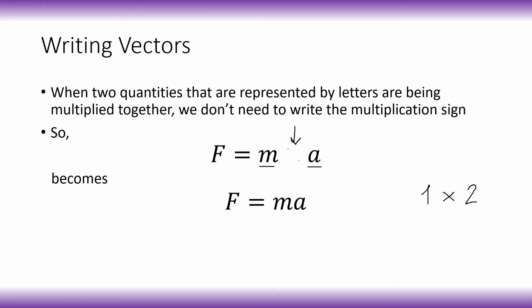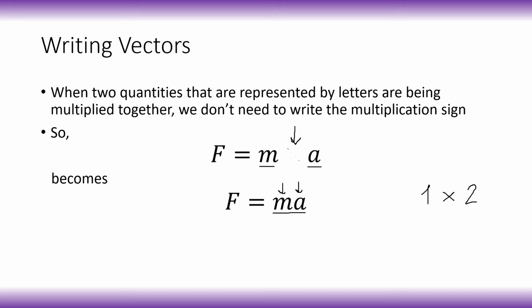But with letters, because we only use one letter per thing that we're talking about, if you see two letters together, it's not some new thing, it's just the two of them being multiplied together. So this is still the mass, and this is still the acceleration, and we've just ditched the little x that used to go between them.